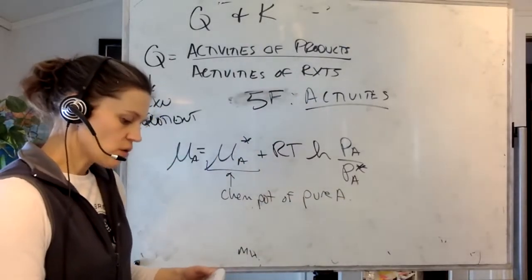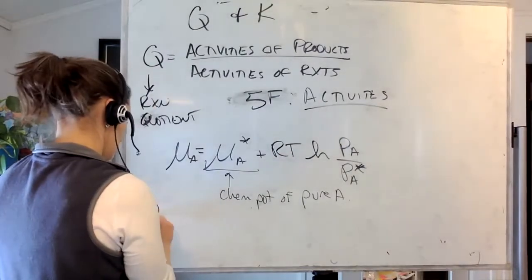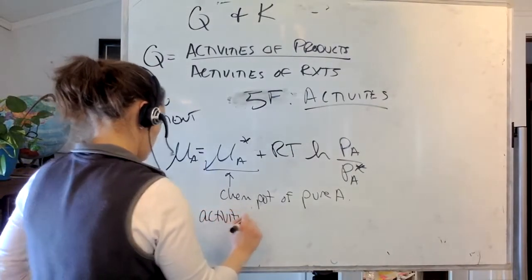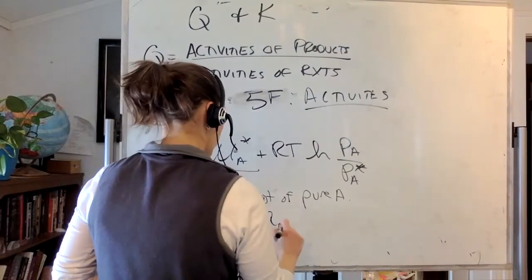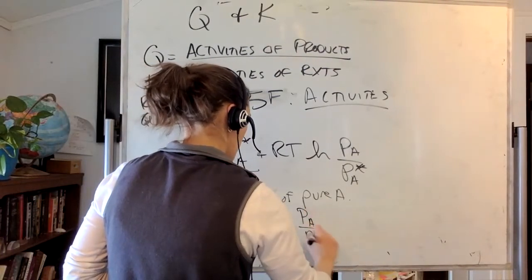Okay, so what we're going to do is define the activity of A as equal to PA over PA star.